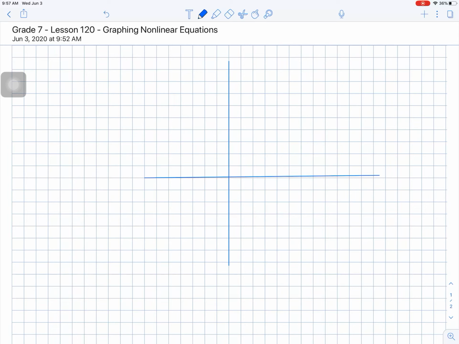It says graph each equation, beginning by creating a table of ordered pairs. Use 6, 4, 3, 2, negative 2, negative 3, negative 4, negative 6. So here we go, we're going to do x, y.